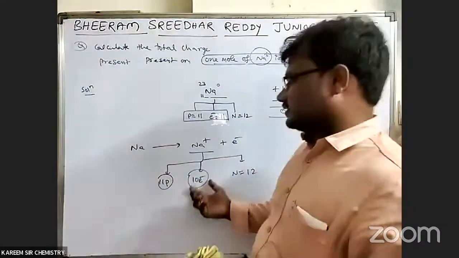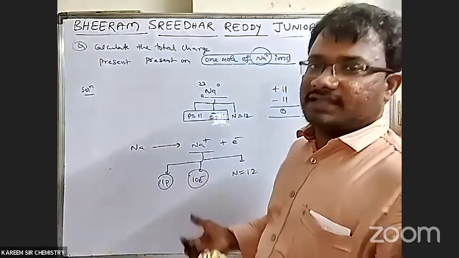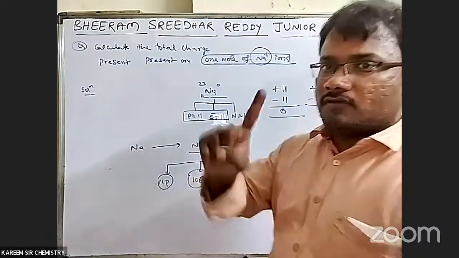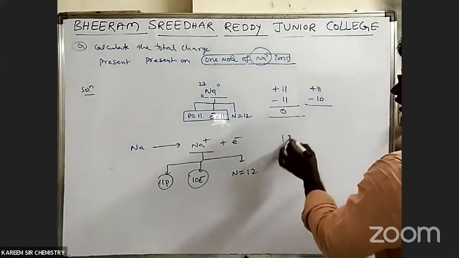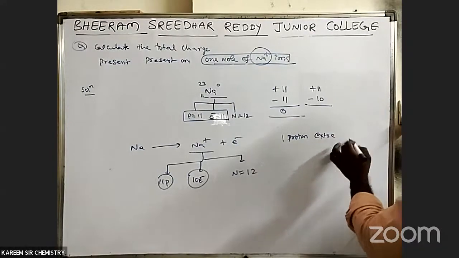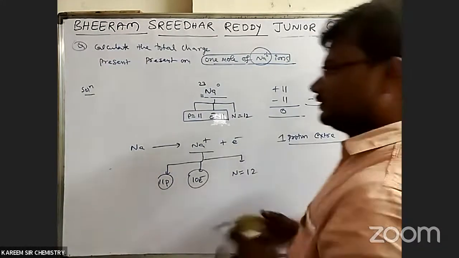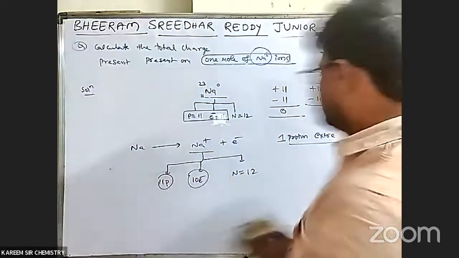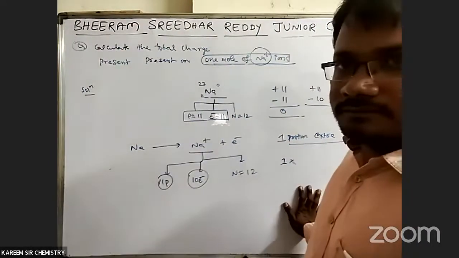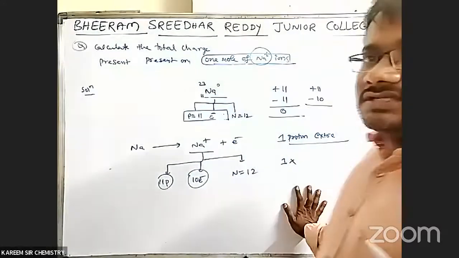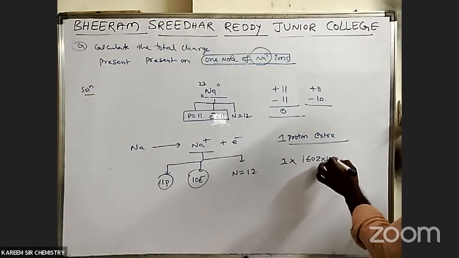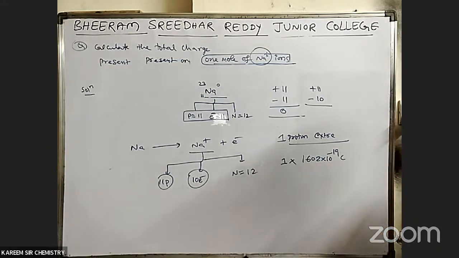How many protons are extra? 11 or 10? 1 proton extra. Na plus has 1 proton extra. What is the charge of 1 proton? 1.602 into 10 power minus 19 coulombs.